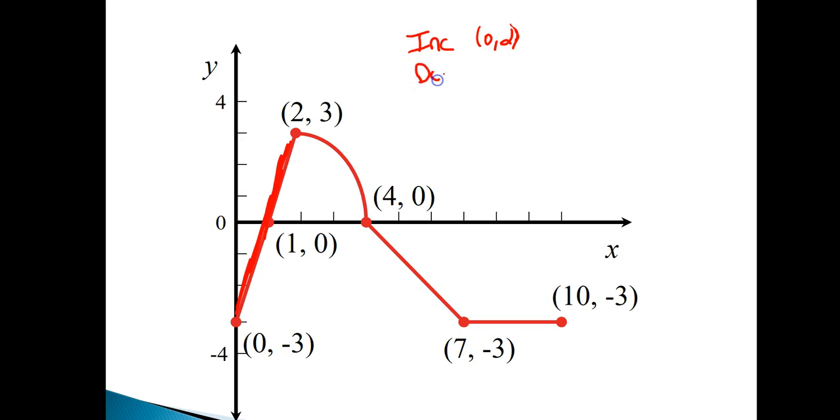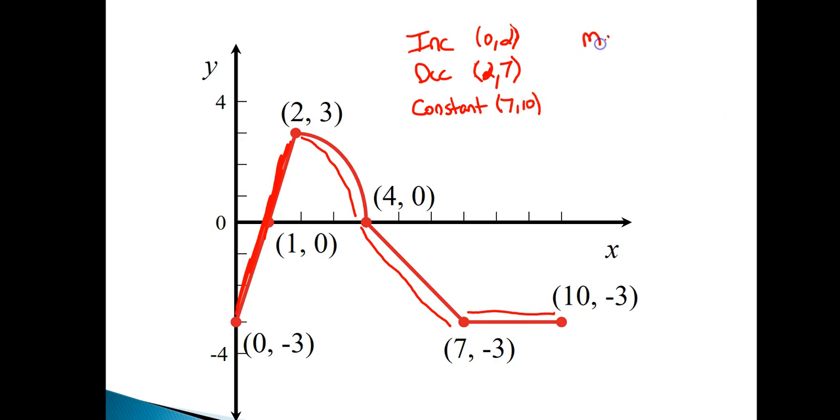It's decreasing from here to here, and also from here to here. So we would say it's decreasing from x equals 2 all the way to x equals 7. And finally, where is it constant? Well, it's constant in this region. So it's constant from 7 to 10.